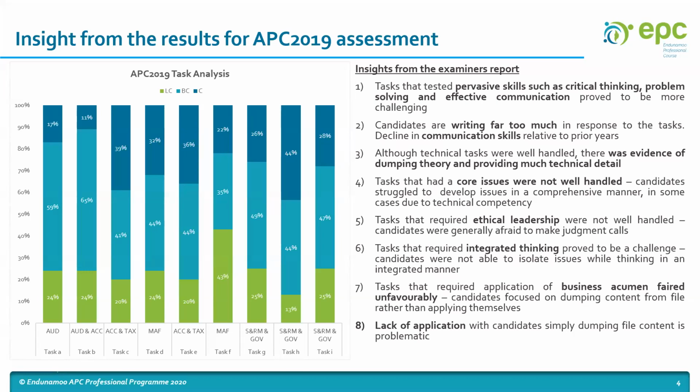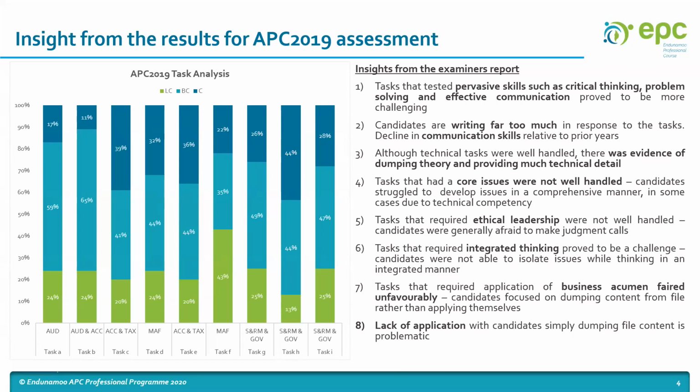What if my response is outstanding but is missing those elements? Will I then be fine? And so on. So that was key takeaway number 1, that pervasive skills are a bit lacking, and that's something that one needs to be mindful of as they respond to or tackle the various tasks.